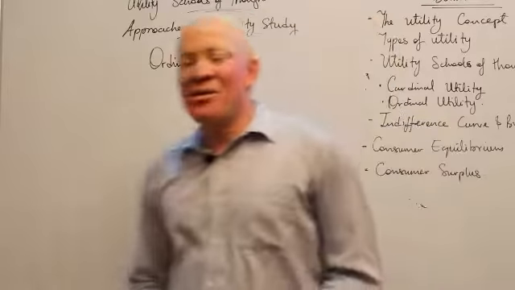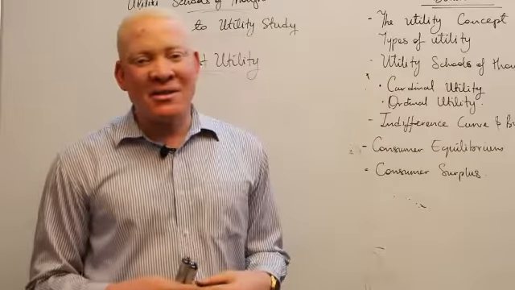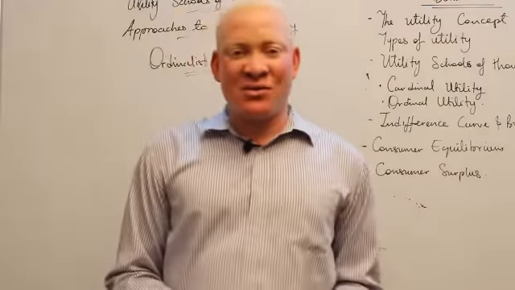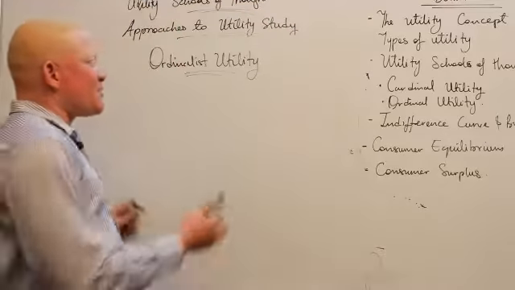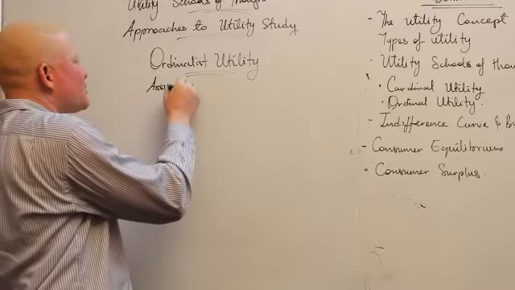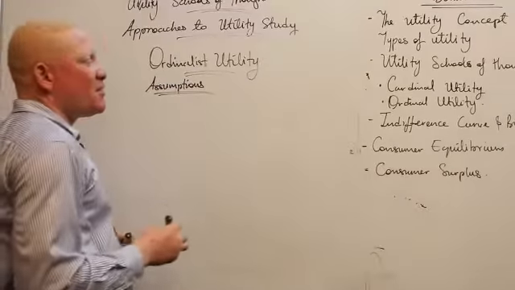And that is what they called the revealed preference. By the revealed preference of a consumer, you are able to attach levels of utility to it. They came up with certain assumptions as well. The assumptions of ordinal utility.